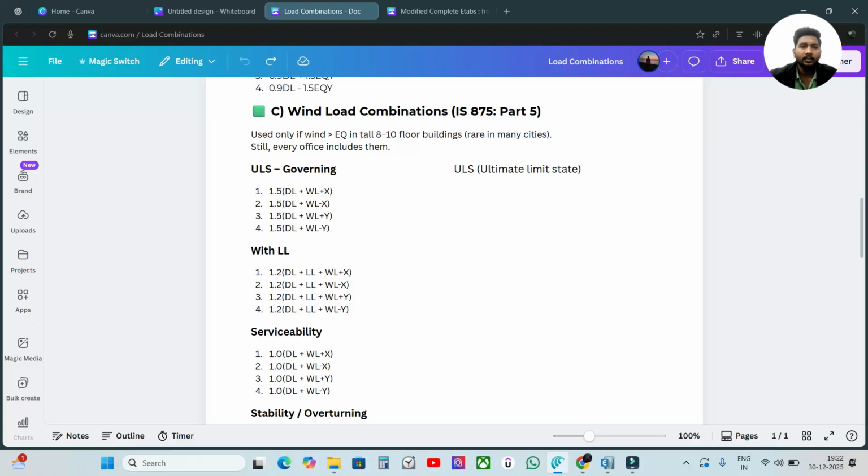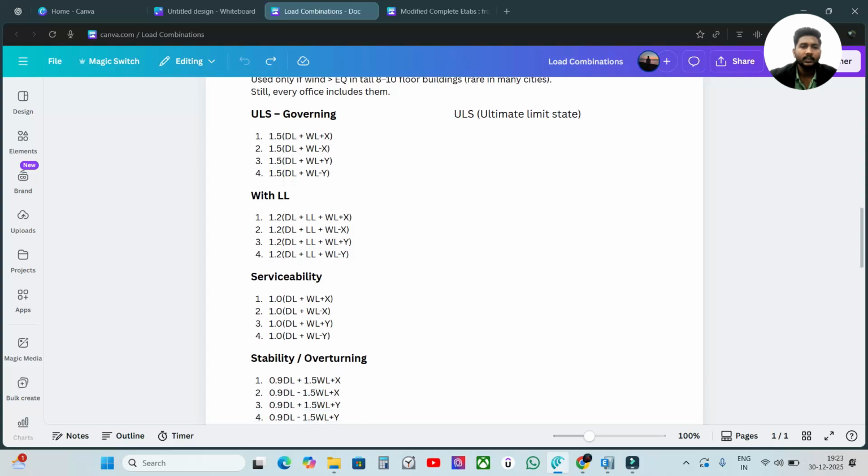For the ultimate limit state governing, we get the values as 1.5 times dead load plus live load, wind load plus X, wind load minus X, and these are some values.